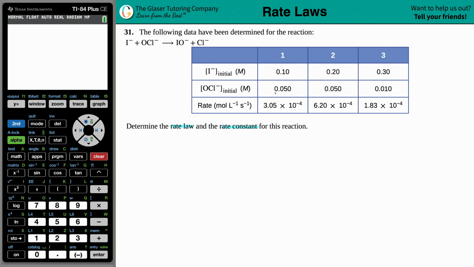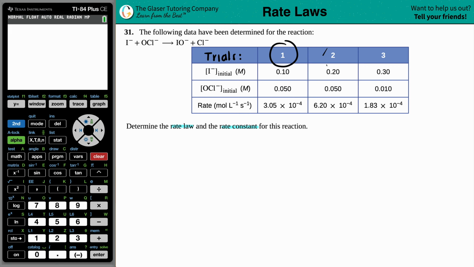Okay, so let's just dissect what's going on in this chart. It seems like we have 3 different trials, trial 1, trial 2, trial 3. You can call them trials or experiments, it does not matter.